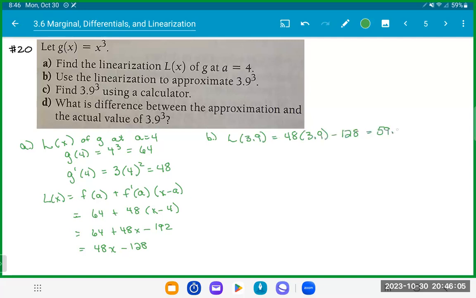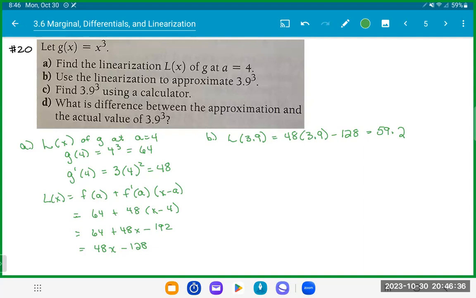So that's 59.2. So instead of doing 3.9 times 3.9 times 3.9, we can use this linear approximation and figure it out that way. But if you put 3.9 cubed into your calculator, you should come really close to that value.